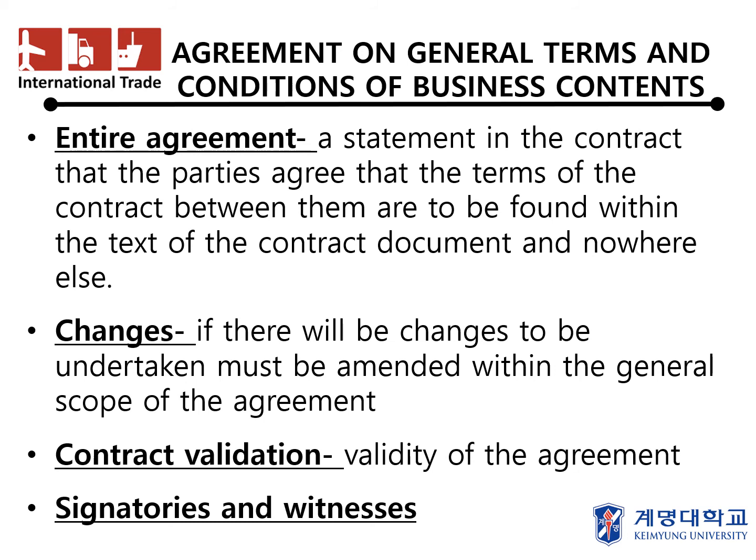Then next is the contract validation. Until when the contract will be effective, or until when the contract should be honored or implemented. That is the contract validation. And the last one, the contract will not be legal, the contract will not be materialized if it is not signed by the buyer and the seller, or the witness plus the lawyer.